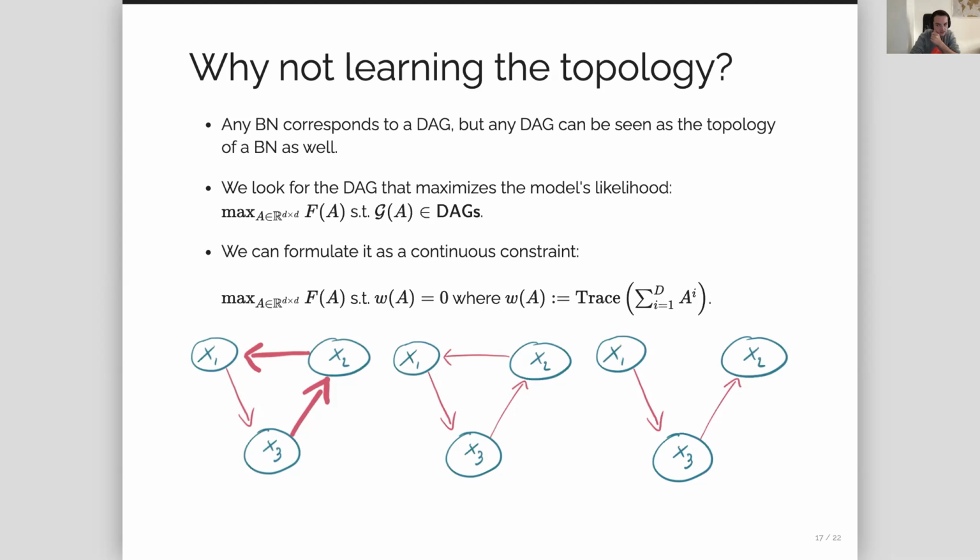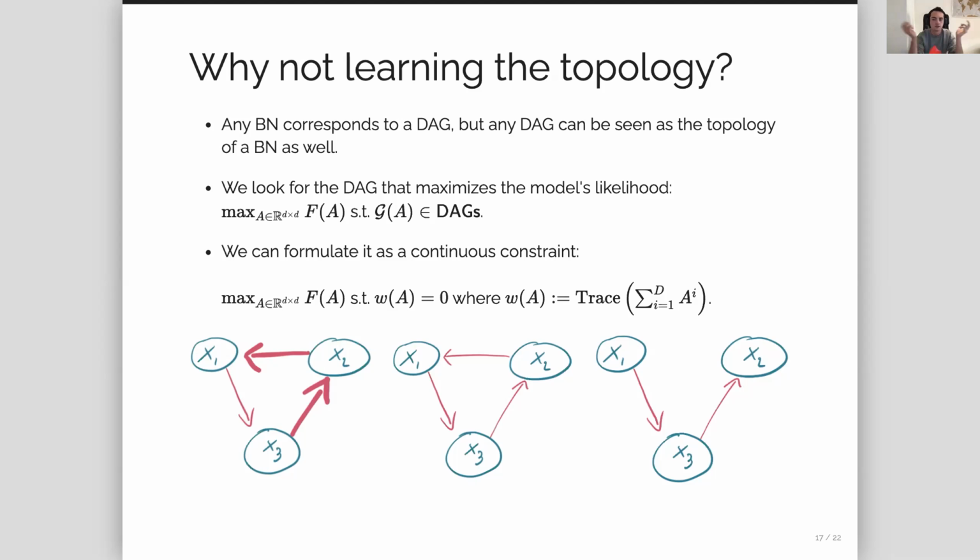And so this matrix will be such that a value of 0 in the cell ij, for example, means that there is no edge from the node j to the node i in the associated Bayesian network. And otherwise, if the value of the cell is non-zero, then the connection from j to i will be as strong as the value is large.